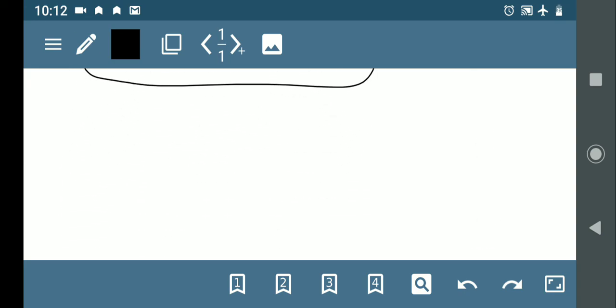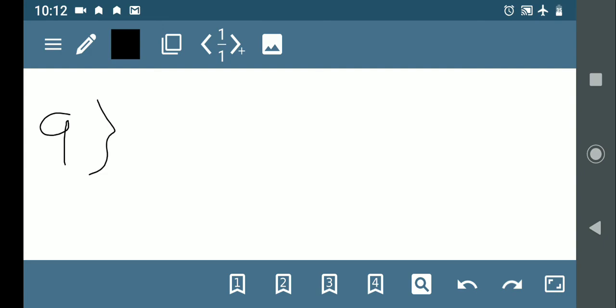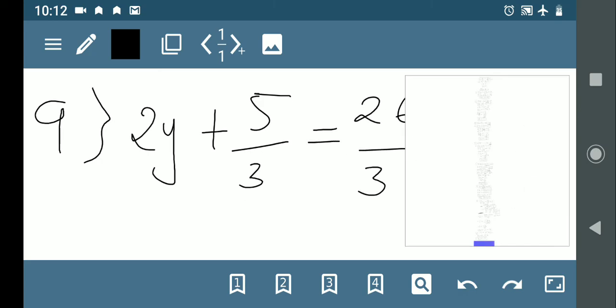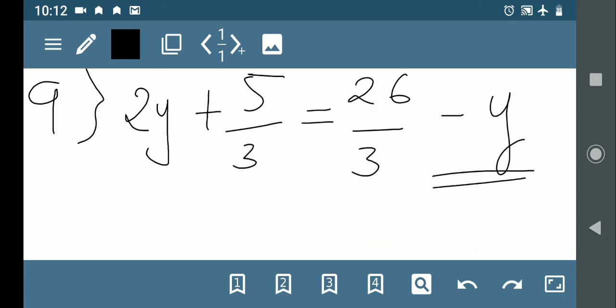So next question, ninth. We have 2y plus 5 by 3 is equal to 26 divided by 3 minus y. Bring this term to the LHS.